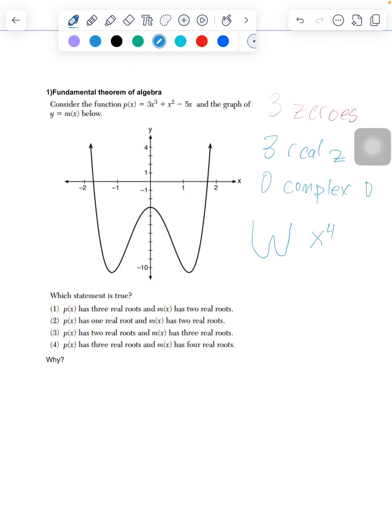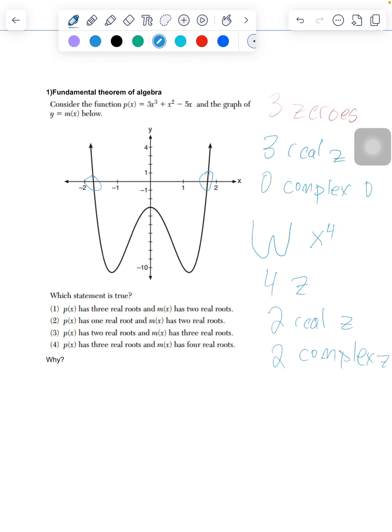And let's see how many times it hits the x-axis, right? So I can see m of x hits once, twice right here. So it's supposed to have 4 zeros, but I see it only has two real zeros because it hits the x-intercept twice. So 2 real zeros. So it must have 2 complex zeros, right?